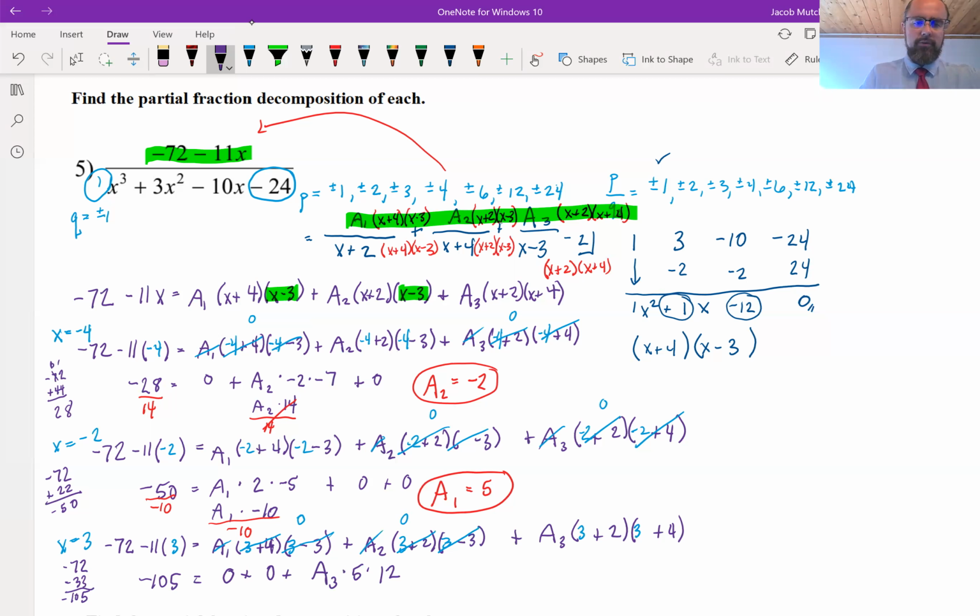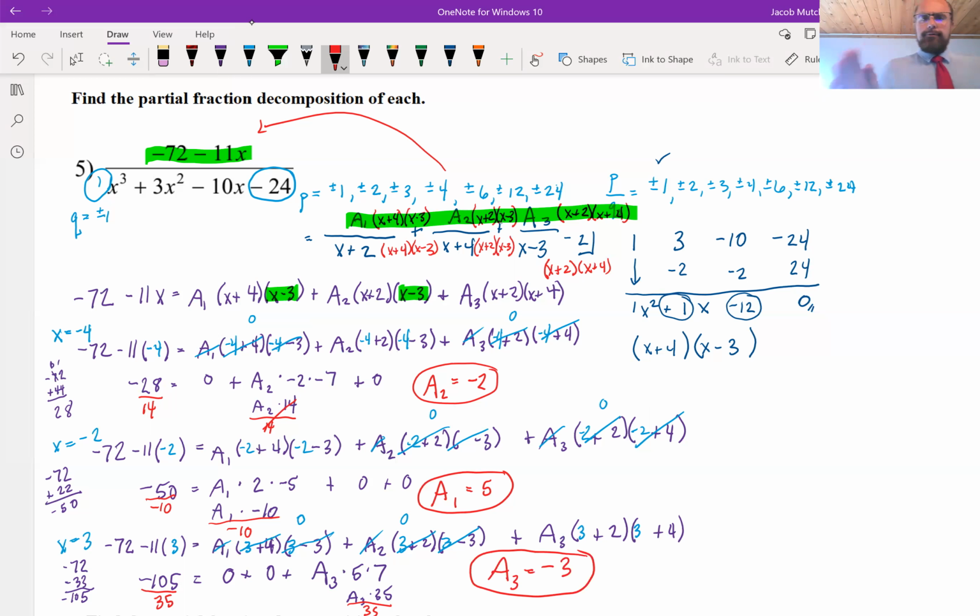I'm sorry, not 12, 7. So it looks like that's going to be a sub 3 times 35. So all I've got to do is divide both sides by 35, and that will help me solve for a sub 3. So 35 times 3 is 105. So it looks like our value for a sub 3 is going to be negative 3.